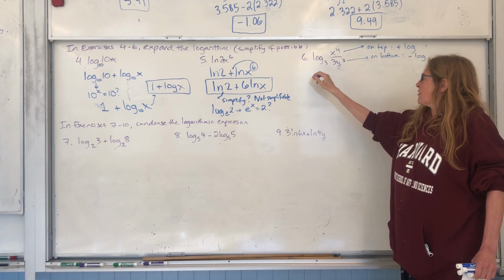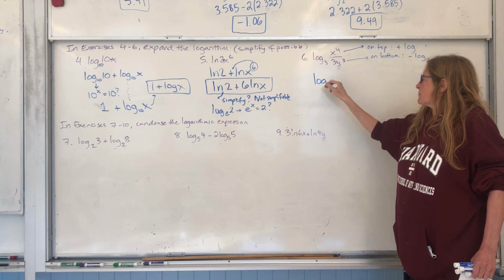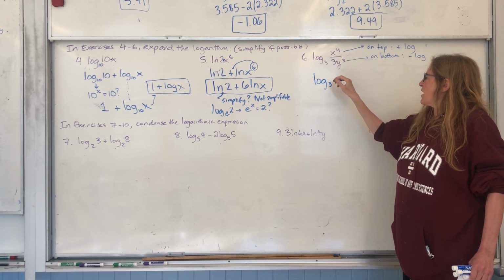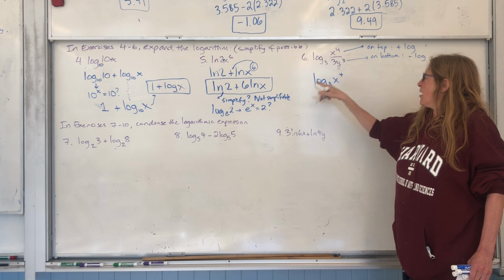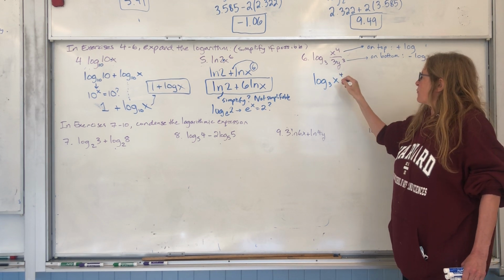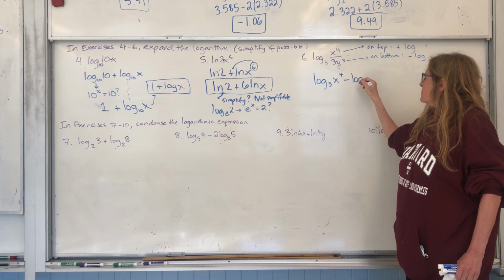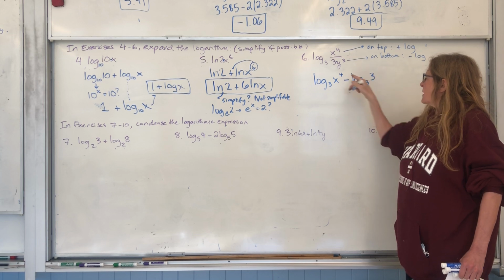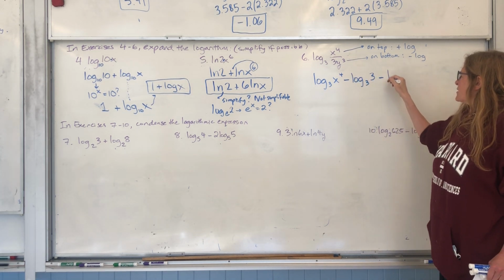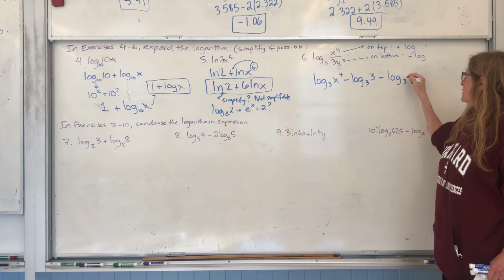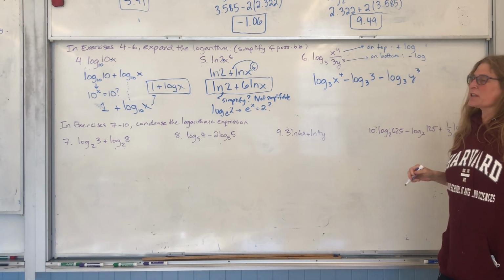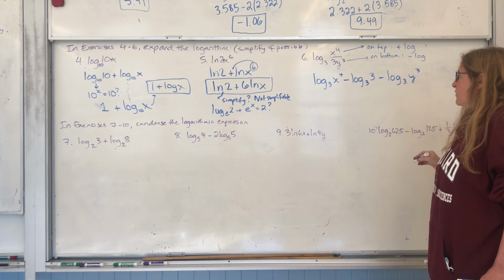So I'm going to write log base 3. Okay, so on the top I've got x to the 4th. So that's a positive log. The 3 is on the bottom. And the y to the 3rd is on the bottom. So I have to remember to separate out the 3 and the y to the 3rd.